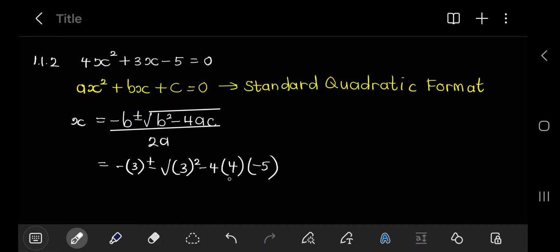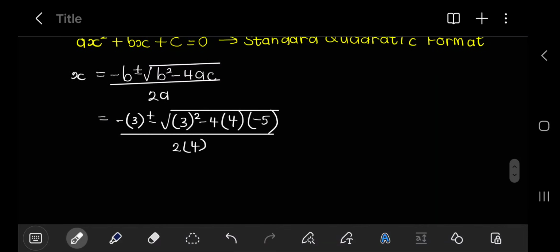C is negative 5. Now, it's always advised for you to simplify what you have before you get your solutions. So firstly, we've got negative times 3, so that gives you negative 3. Now, focusing on what's underneath the square root, we get 89.